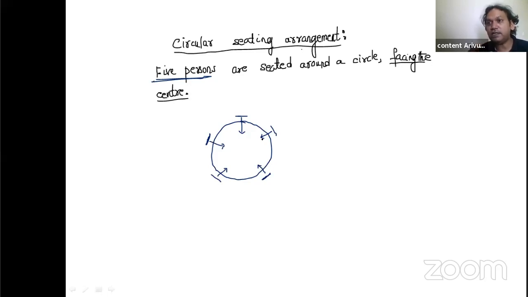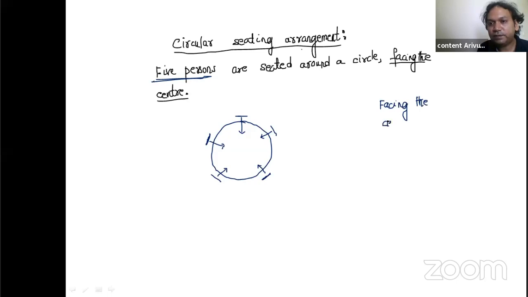The starting step is always to read the question carefully. How many persons are there? Which side are they facing? Again, if it's not mentioned which side they are facing, then you can understand that they're facing the center. However, there are two different cases which happen. What happens when they're facing the center?